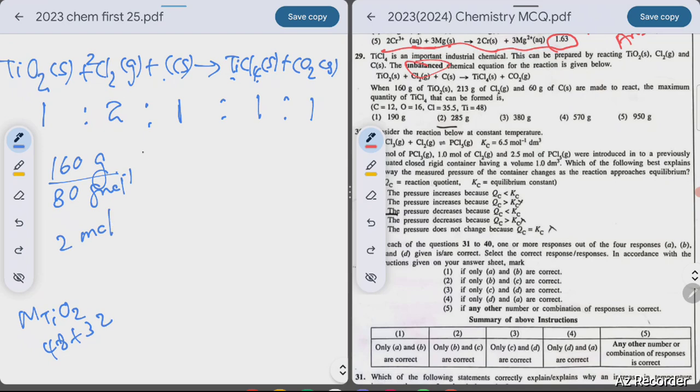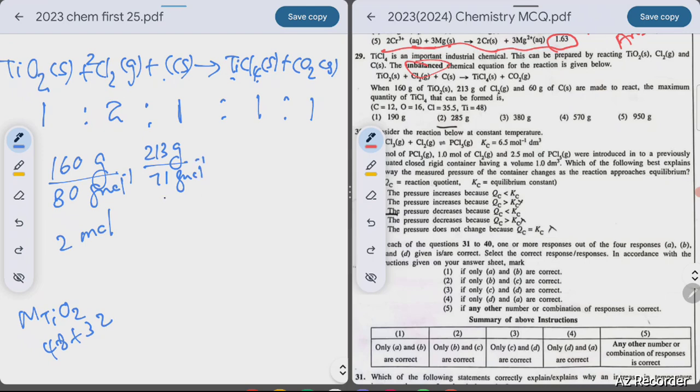Then chlorine. For chlorine, the mass is 213 grams divided by 2 times 35.5, that is 71 grams per mole.